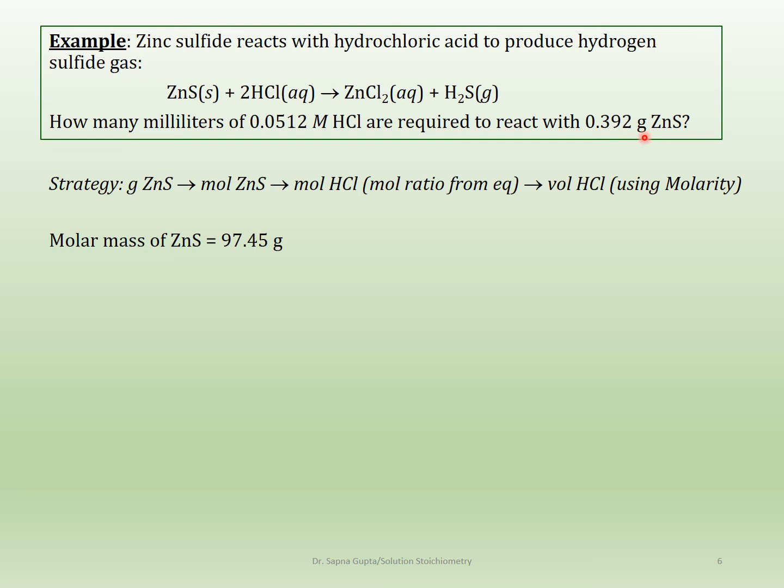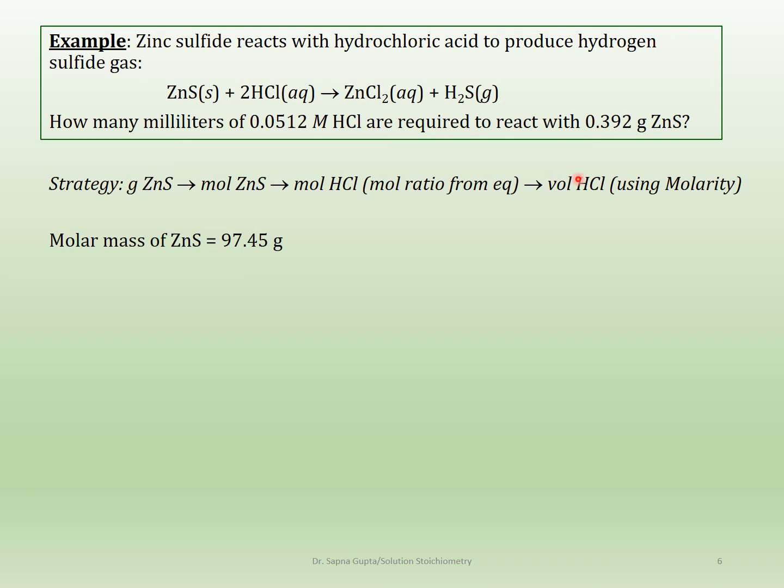This is a typical stoichiometric problem for solutions, and in this case, you have one solid and one solution. So for the solid, you're given grams. For the solution, you're given the molarity, which is 0.0512 moles per liter of HCl. And the equation is given to us. First of all, make sure that your equation is balanced, which it is, over here.